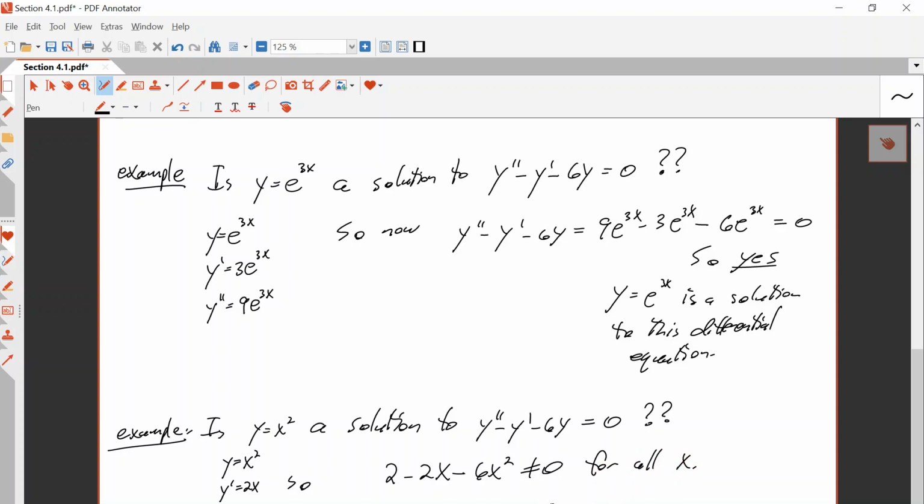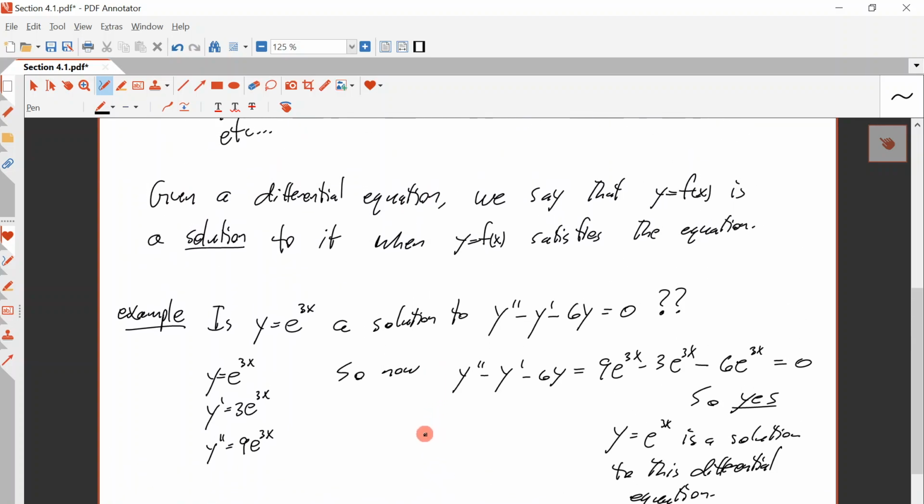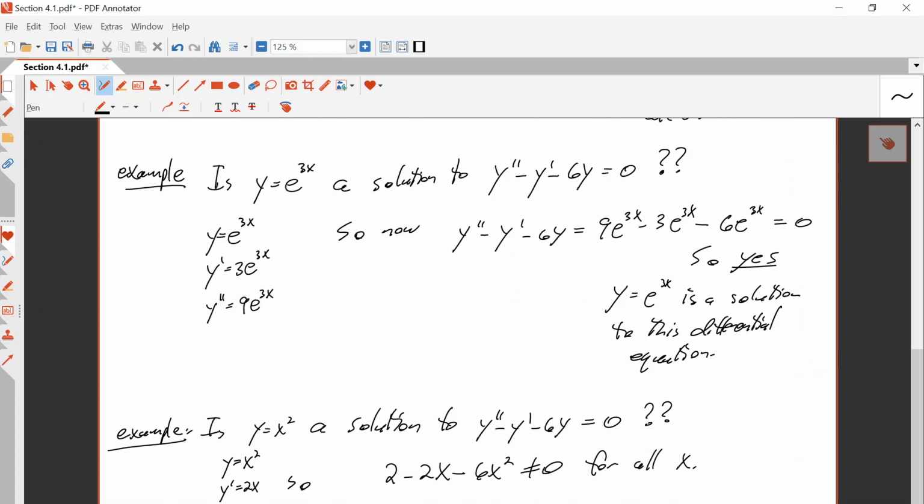It's a quadratic polynomial and it might have a couple roots, so it could be equal to 0 at some point, but not everywhere. A solution must satisfy the equation for all values of x. So this only satisfies for some values of x.